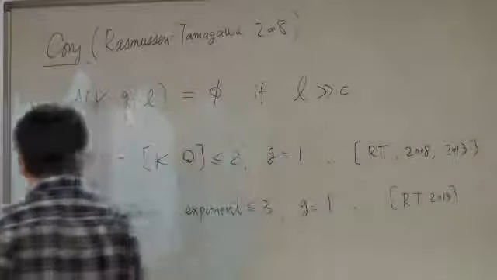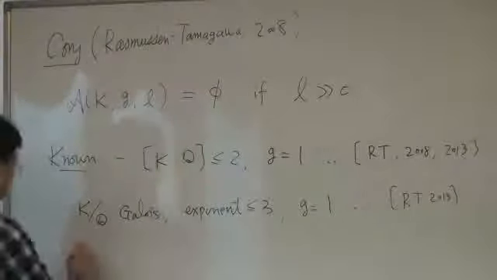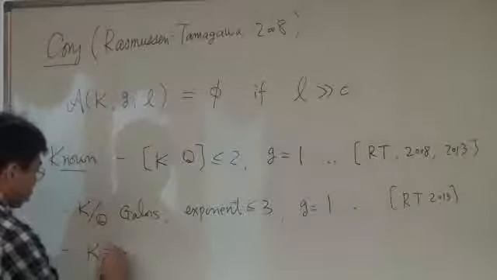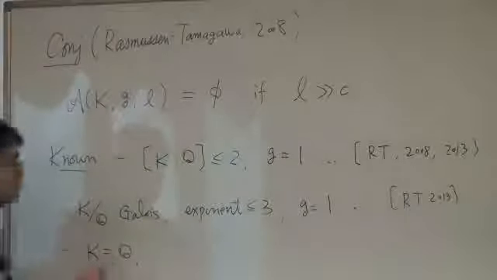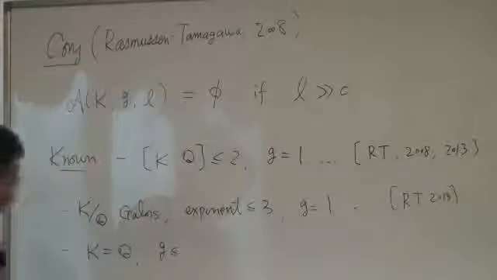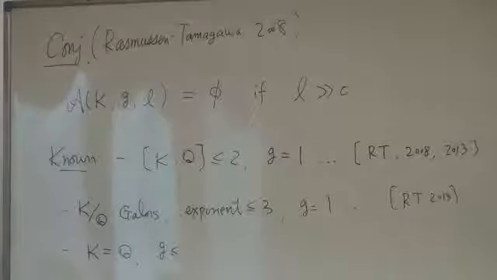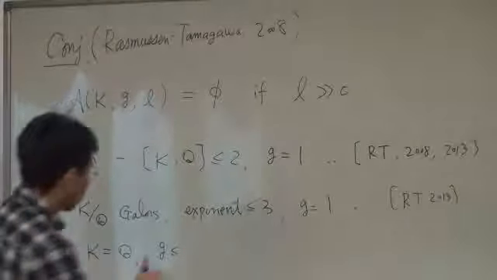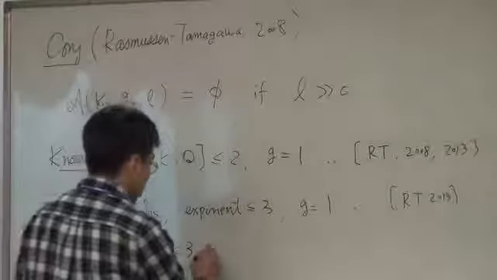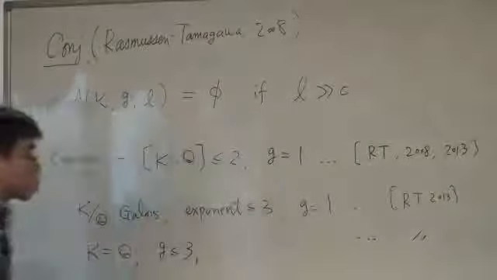And what else? Maybe the K equals Q case, and g is at most 3, I guess. I don't know. Then this is by the same paper.